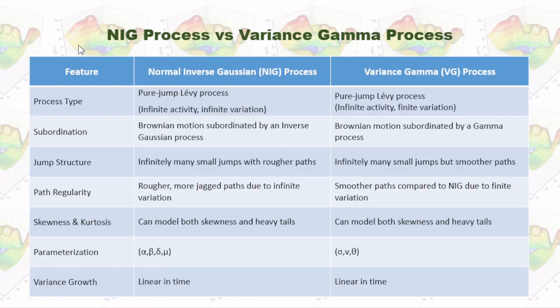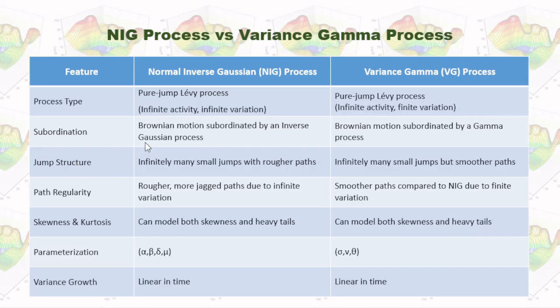Now, let's compare this normal inverse Gaussian process versus Variance Gamma process. The process type of both processes are quite similar, but in this process we have infinite variation, but in Variance Gamma process we have finite variation.